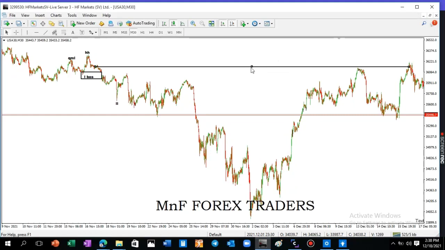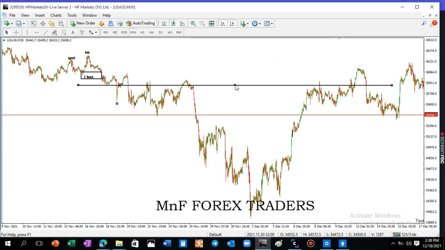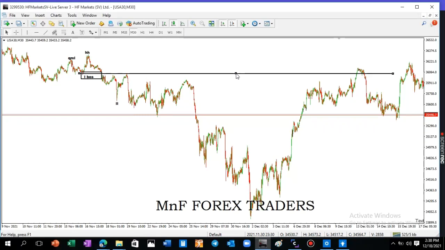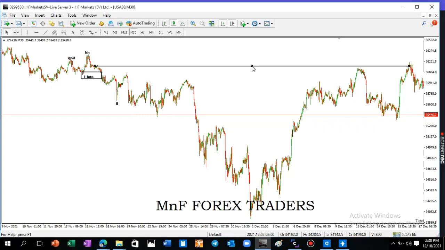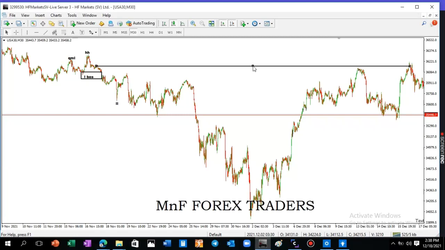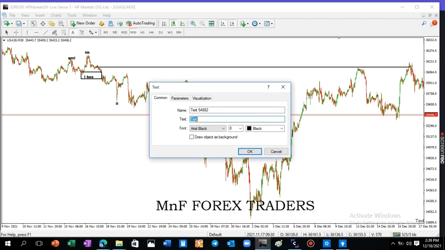If you look clearly, there are rejections here. What I would like to tell you is to focus on the rejections which are happening closer to your QML, closer to where the QML is or where the MPL is. Those are the most important breakouts that you're interested in.